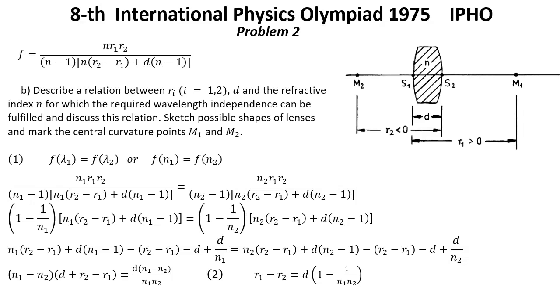The indices of refraction are greater than 1, and the thickness of the lens is greater than 0. Therefore, the equation becomes d greater than R1 minus R2, and R1 greater than R2. So that was the solution for question B.